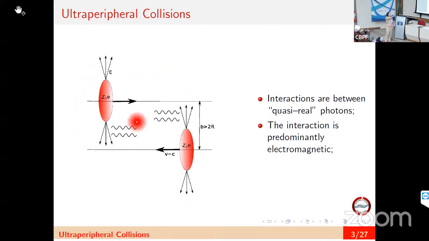We call these photons elastic photons, or also quasi-real photons. This means that the interaction is predominantly electromagnetic, unless we consider the nucleus to break up or dissociate, and then we can probe parton distributions inside the nucleus.